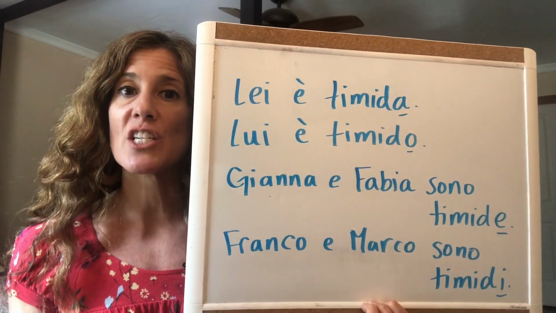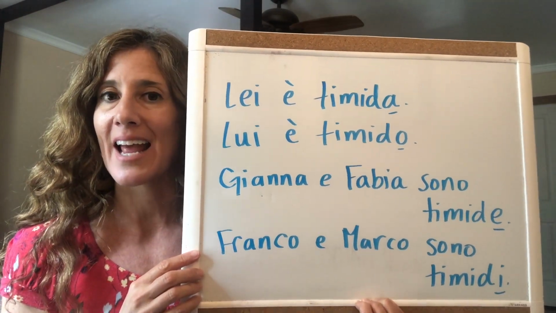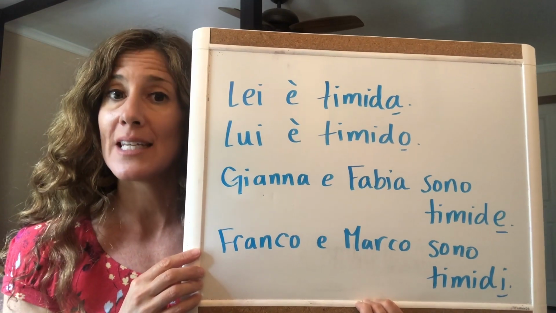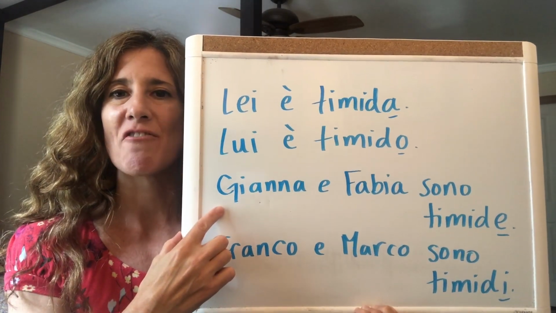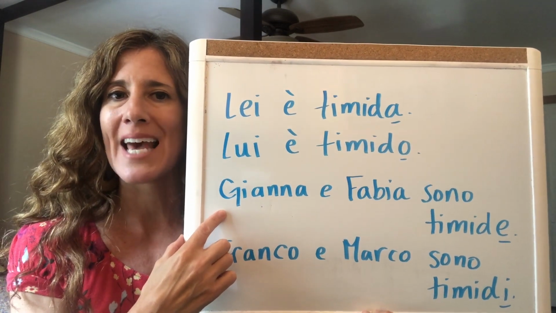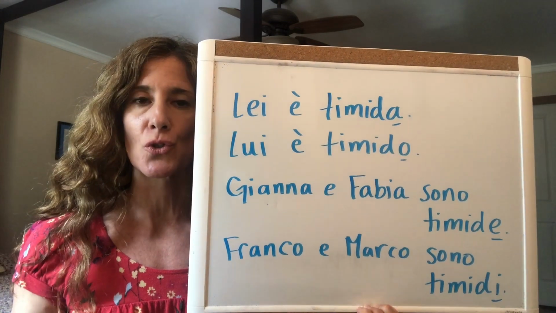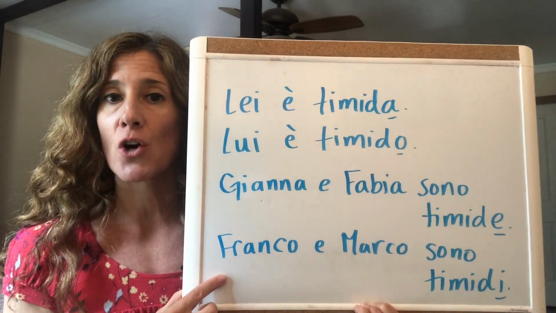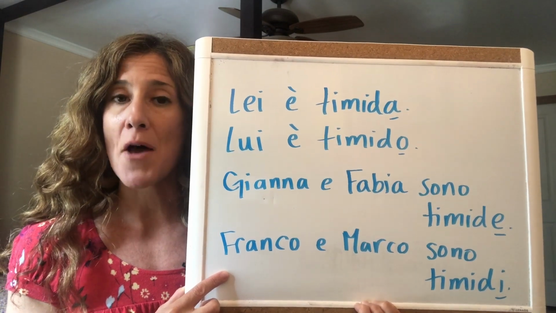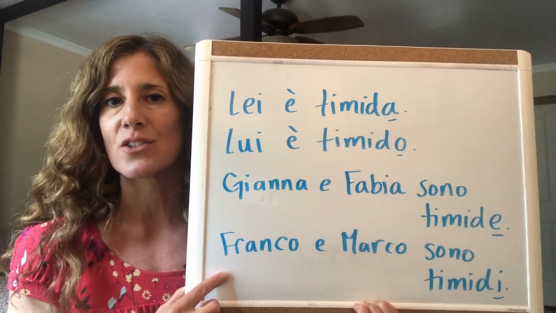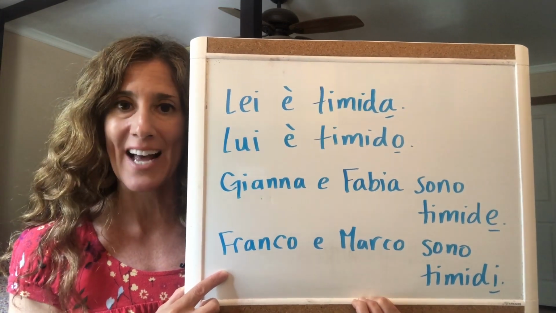If we want to say she is shy or timid, lei è timida, ending in an A. Lui è timido, ending in an O. Gianna e Fabia sono timide, ending in an E because it's describing 2 girls or 2 women. And then Franco e Marco sono timidi. Franco and Marco are 2 guys, and so the ending is going to be an I. That's the masculine plural, okay?